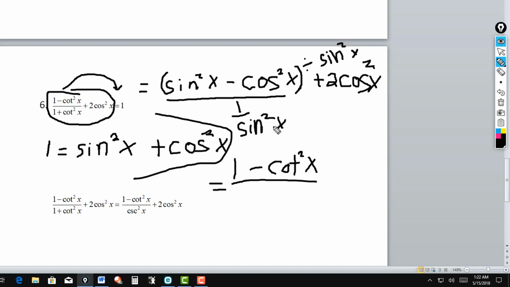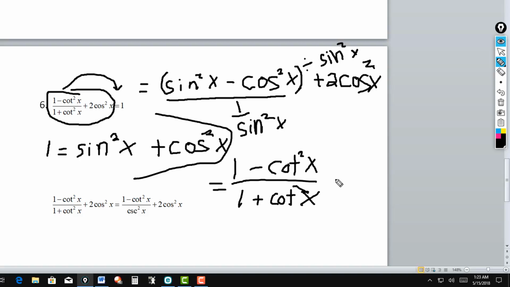Again, I'm not writing everything down, but hopefully you can see what I'm doing here. 1 over sine squared is the same thing as cosecant squared. But cosecant squared is 1 plus cotangent squared of x.